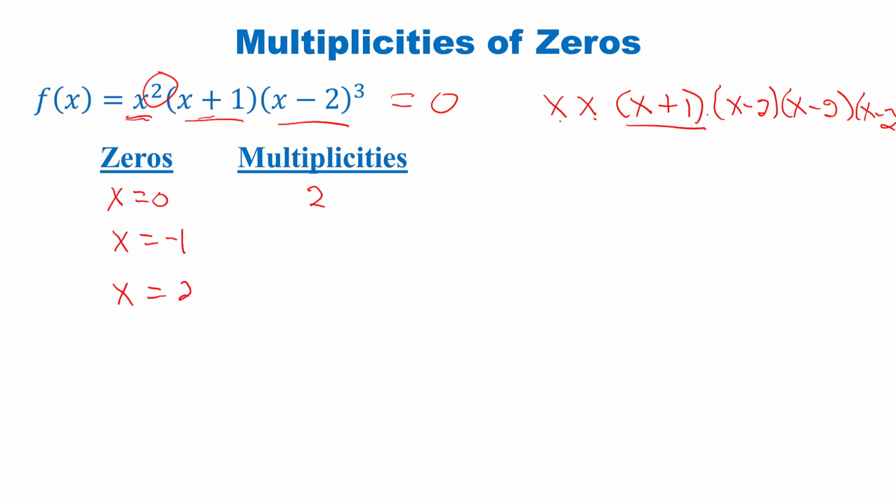That factor appears 1 time, or we have an exponent of 1 here on x plus 1. x minus 2 gives us the zero of x equals 2. It's raised to the power of 3, and we can see if we expanded this polynomial, x minus 2 would be present 3 times. Okay, so I hope this lesson goes well for you. We will be using multiplicities and end behavior when we start graphing soon.